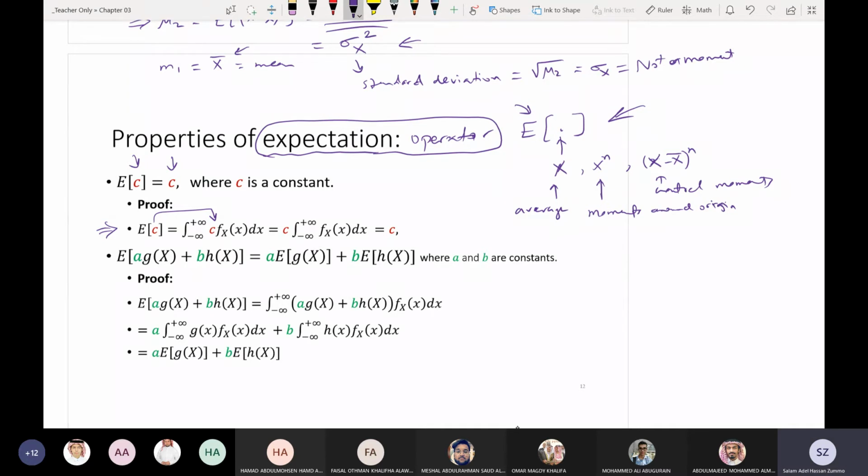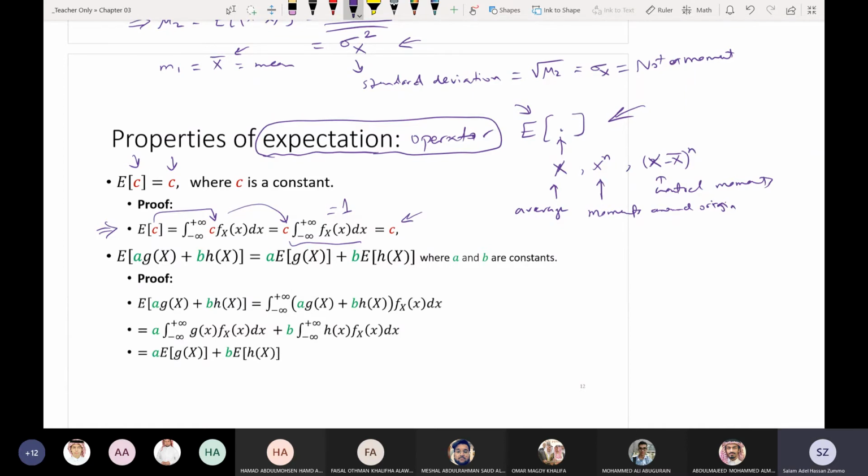When you integrate a constant multiplied by the PDF, you can take the constant outside because it has nothing to do with the integral. You are then left with the integral of the PDF, which is equal to 1. And hence you get C as the answer.